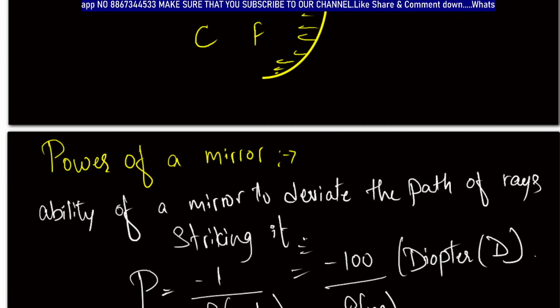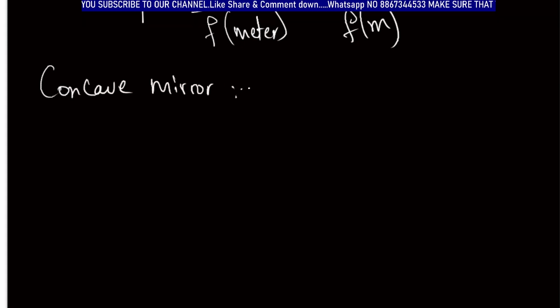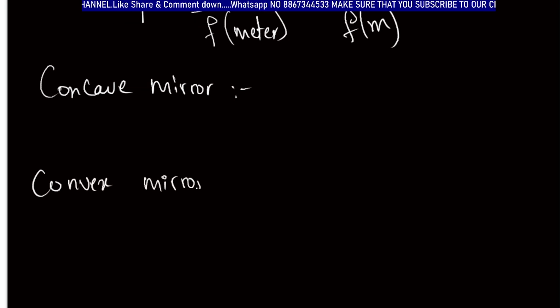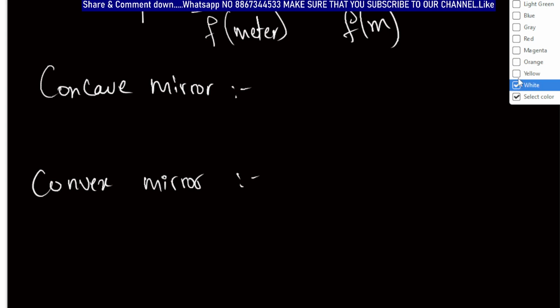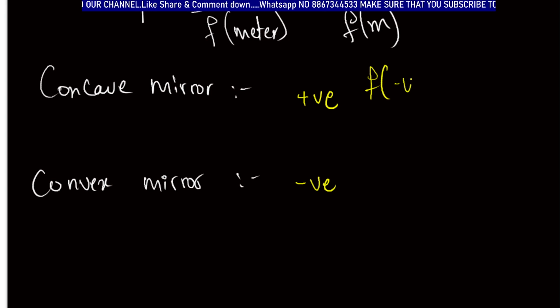In case of concave mirror, the power is always positive, and in case of convex mirror, it's always negative. Since we know the focal length in case of concave mirror, f is always negative here, and here f is always positive.